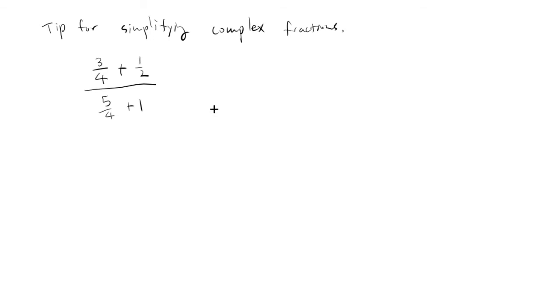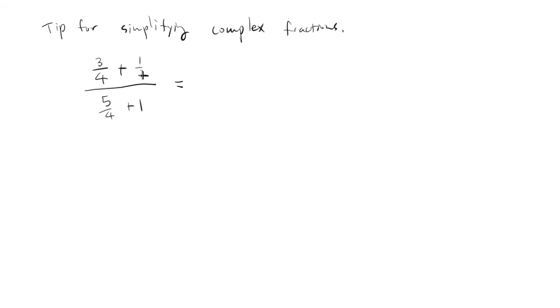Now, a lot of people will try to do it this way. Let me show you the longer way. They would look at this and try to simplify the top and then simplify the bottom. To simplify this, you want to make it into a single fraction. That will require you to have common denominators.